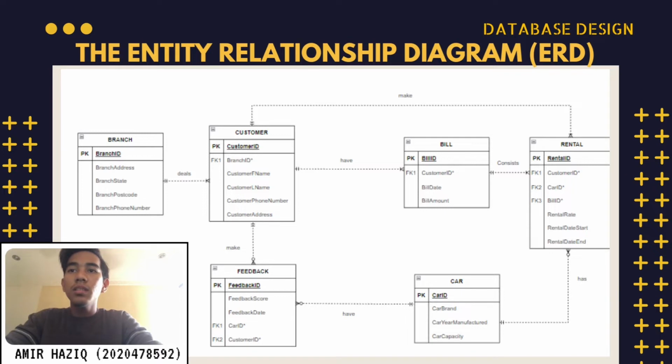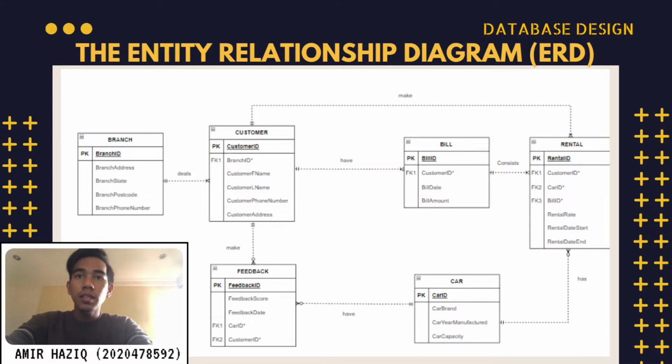The relationship is one-to-many. Each bill consists of many rentals. Each rental can only belong to one bill. There is also a relationship between the customer table and the rental table. The relationship is one-to-many. Each customer makes many rentals. Each rental can only be made by one customer.